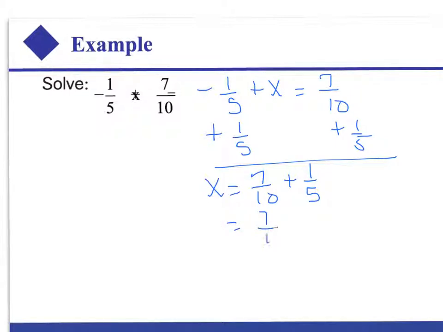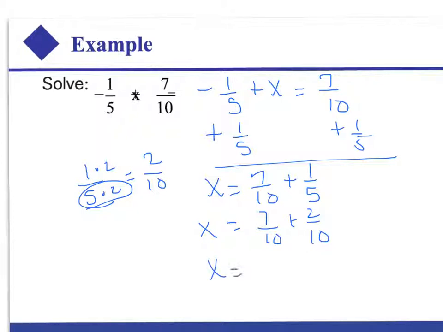The 7/10 is going to stay the same. But 1/5 times 2 over 2, because I want the bottom to be 10, and whatever you do to the denominator, you have to do to the numerator. So I get 2/10. I'm going to add 2/10 here. So x equals 9/10. Now we're going to plug into the original equation and see if that's what we get.